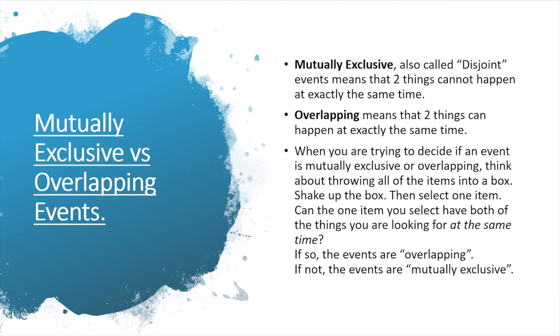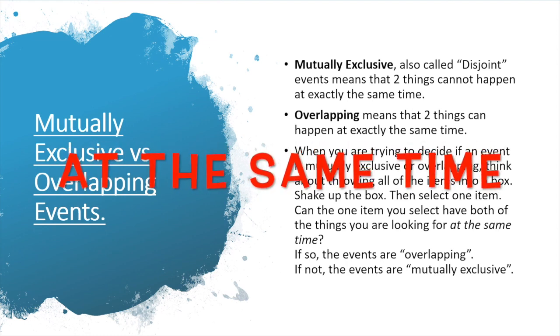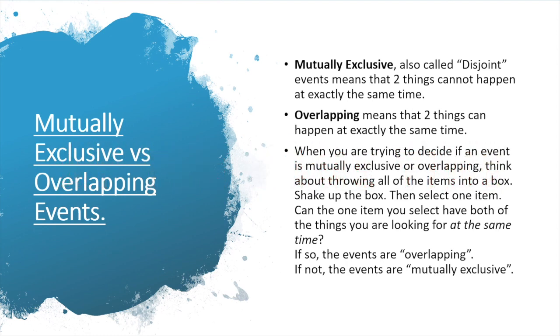Can that one item you select have both of the things you're looking for at exactly the same time? If you can have both, then the events are overlapping. If you cannot have both, if it can only be one or the other, then we say that those events are mutually exclusive.